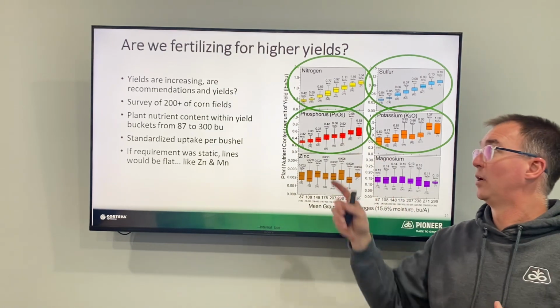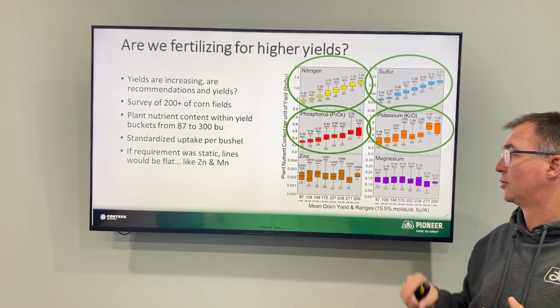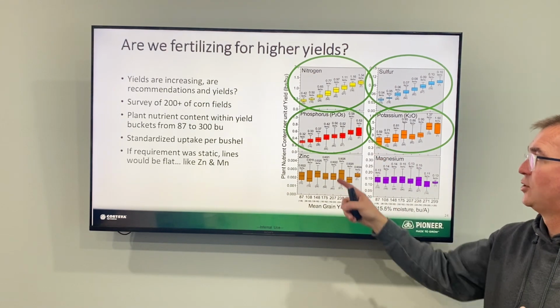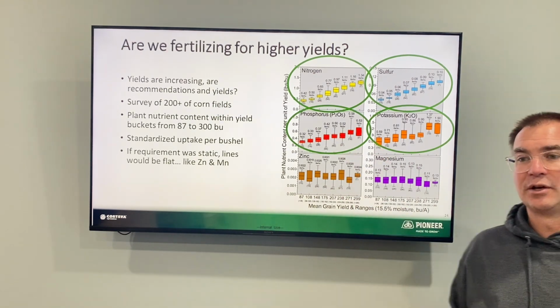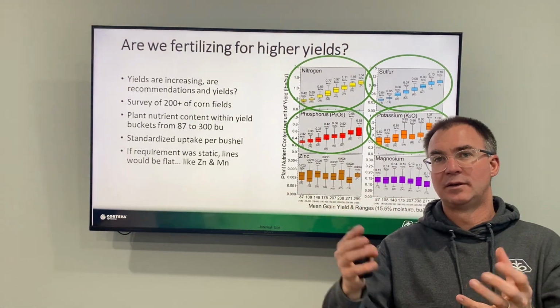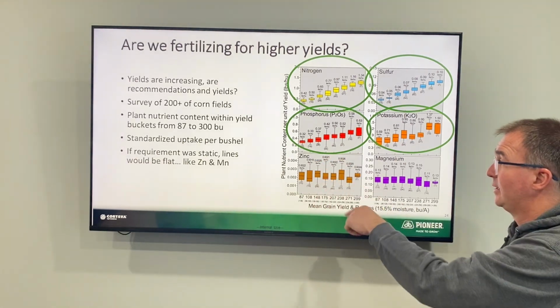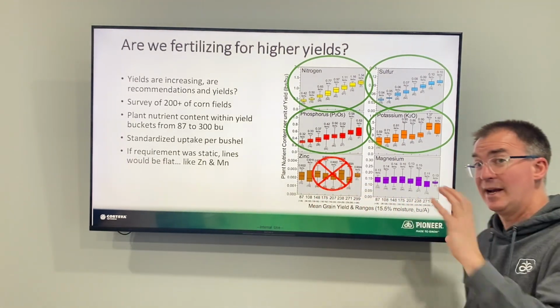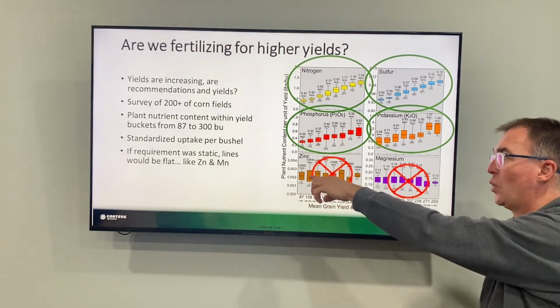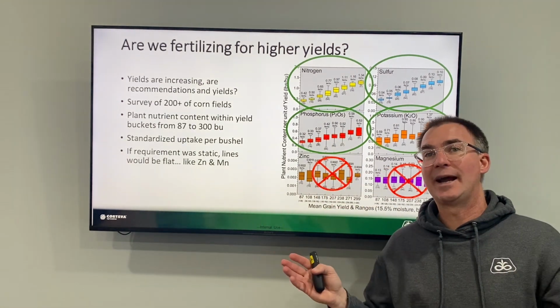It takes more phosphorus to grow 299 bushel of corn than it does 207 bushel of corn. So as you get to higher and higher yield levels, it takes more of the nutrient. Conversely, if we look at zinc, magnesium, we still gotta have them, they're still there, they're important. But we use roughly the same amount per bushel, regardless of the yield level we're at.